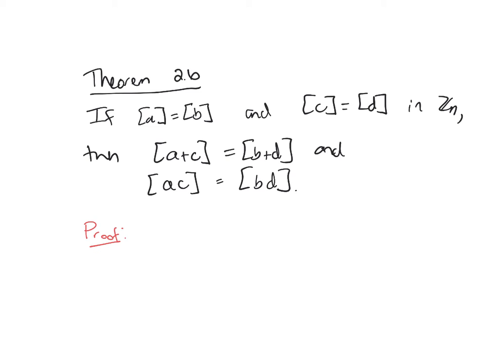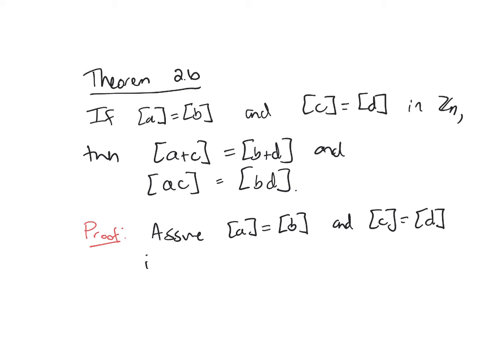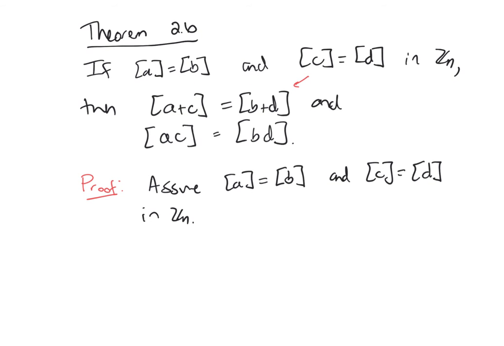So we're going to assume the equivalence class of A equals the equivalence class of B, and C equals D in Zn. The first thing we're going to prove is that these equivalence classes are the same. So what does it mean for these equivalence classes to be the same?